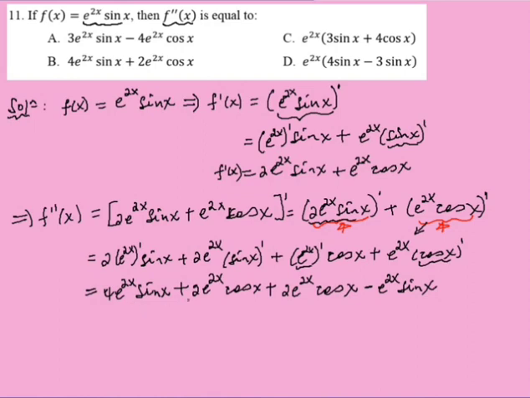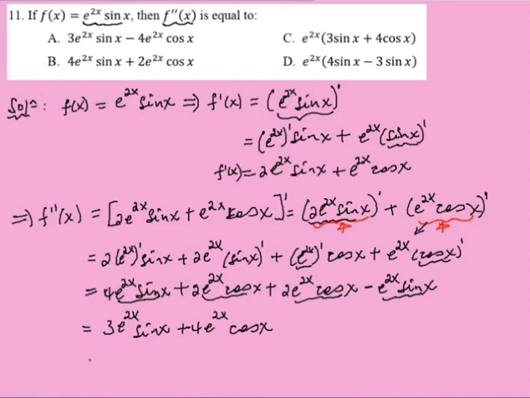The like terms are: here we have 4 e to the power of 2x sine x and minus e to the power of 2x sine x. Collecting like terms will give us 3 times e to the power of 2x sine x. The other terms are similar, so we can add them. It becomes 4 times e to the power of 2x cos x.